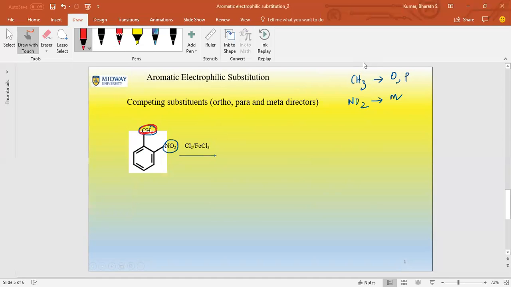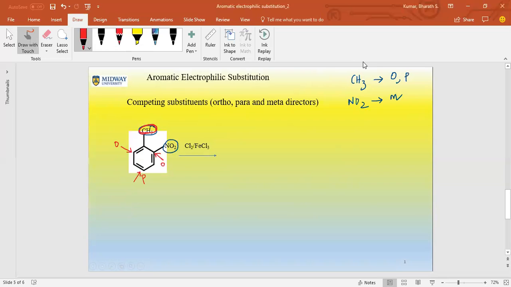With respect to methyl, these are your ortho, and this is your para, because it's an ortho-para directing group. Now, this ortho position is already taken by the NO2. So with respect to the methyl, only the ortho and the para are available.